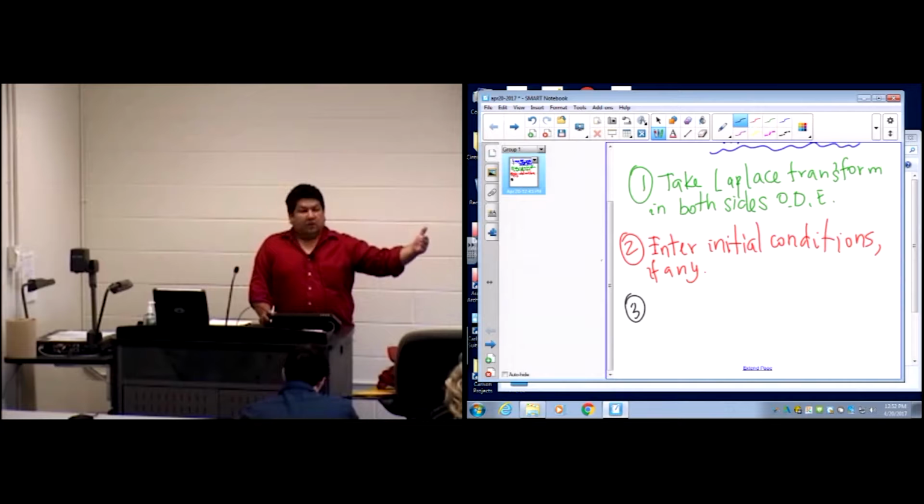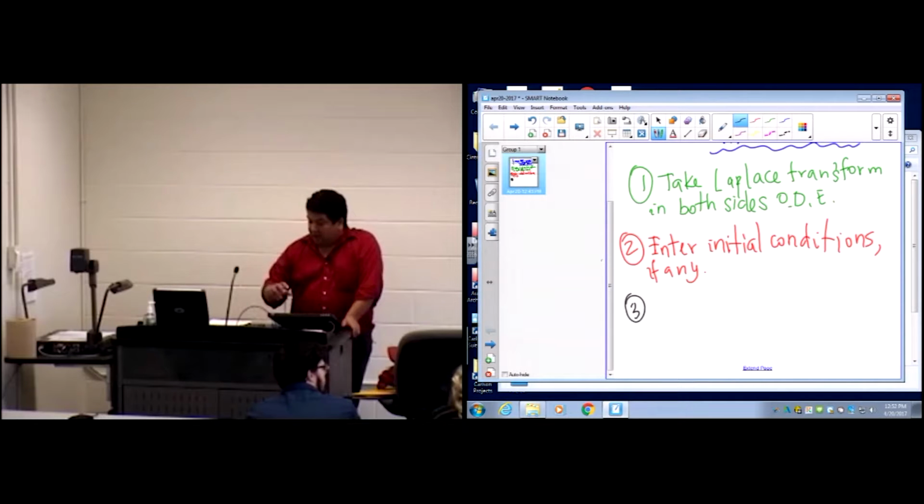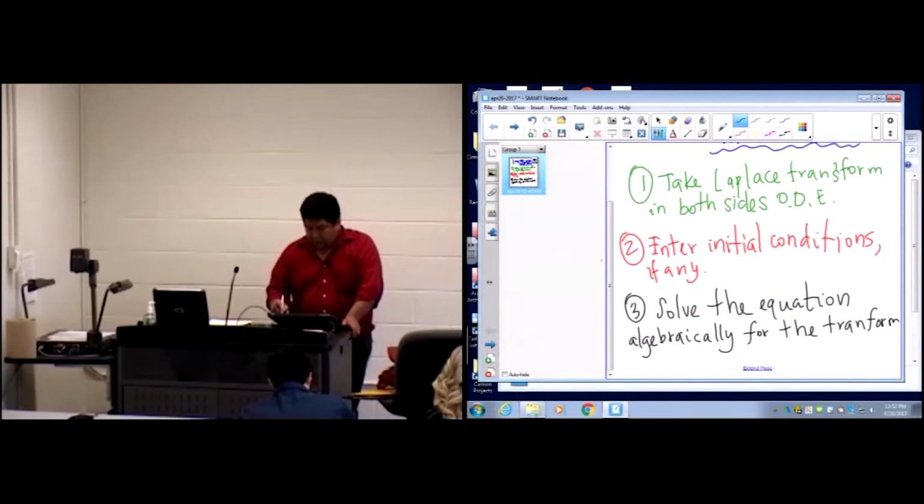algebraically for the transform, capital X of S, the transform capital X of S of the unknown function little x of t.